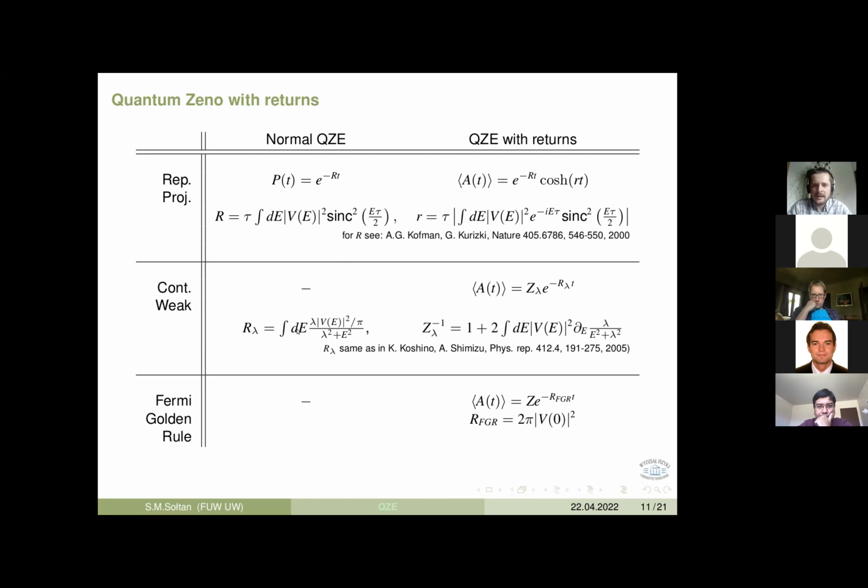We have the integral, we have two overlapping functions, and the function that is introduced by the measurement is peaked. Here it is peaked around 0 because I neglected the energy levels of the system that is decaying. And we can also compare it with the Fermi golden rule.